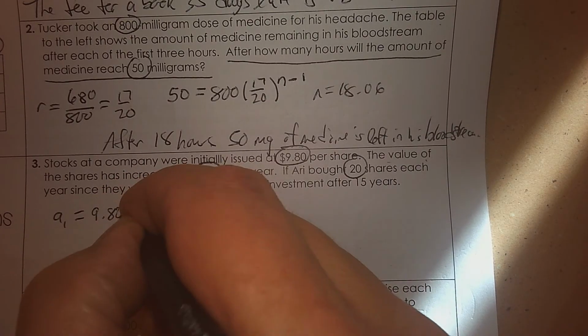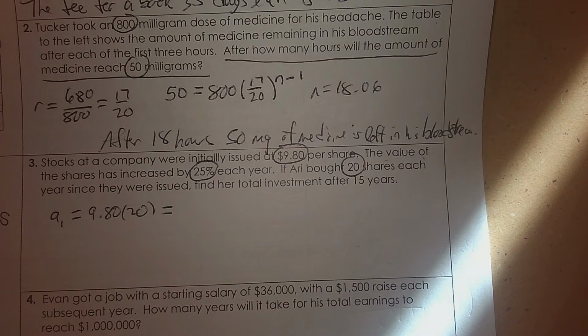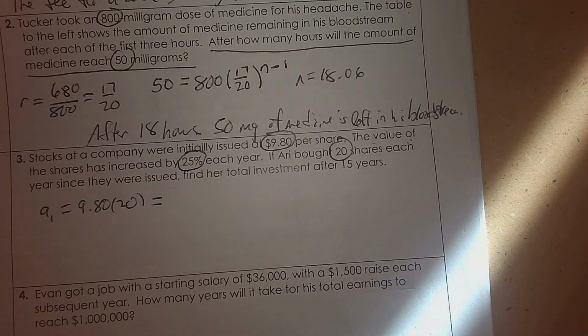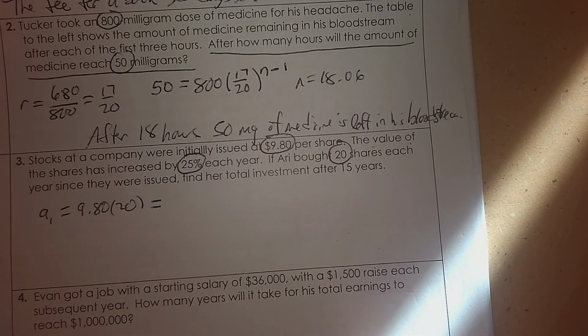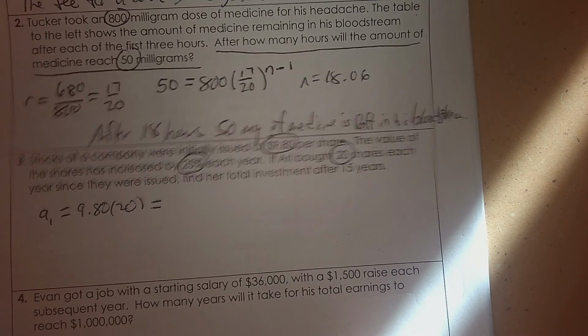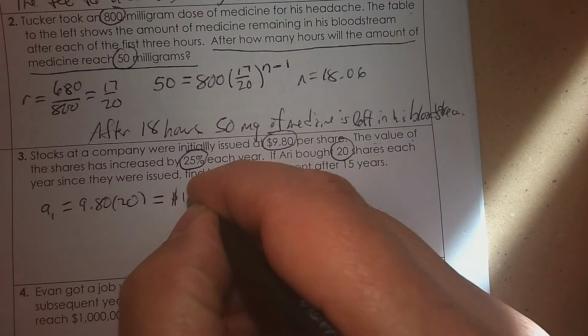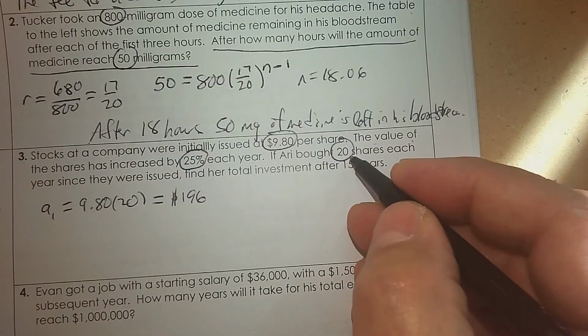How many shares did she get? So $9.80 times 20. So how much does she have to begin with? $9.80 times 20. In total, how much money does she have? $196.